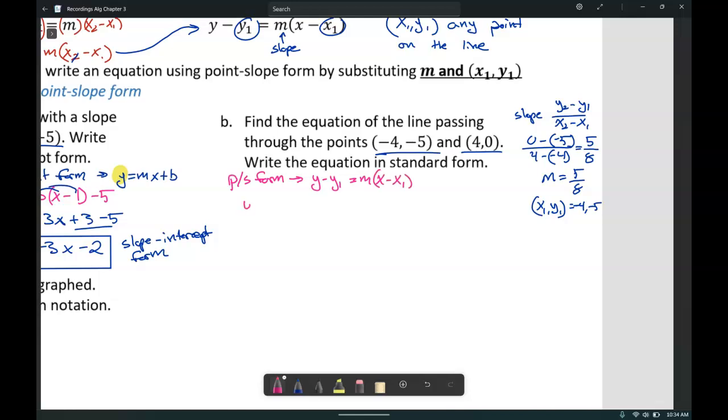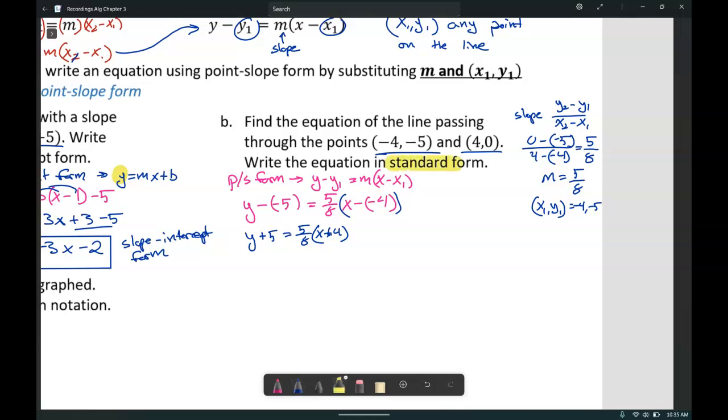So y minus y1 is y plus 5, equals our slope, 5 over 8, times x minus x1, which was negative 4. So now we can clean this up a little bit as y plus 5 equals 5/8 times x plus 4. So now we have the point-slope form.